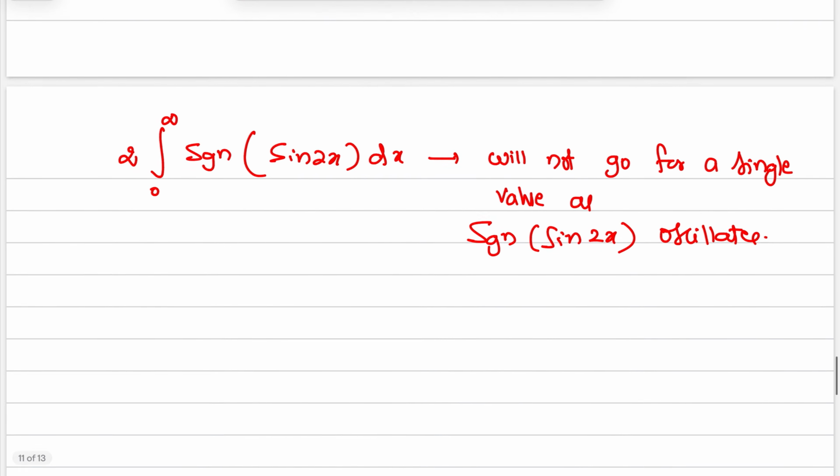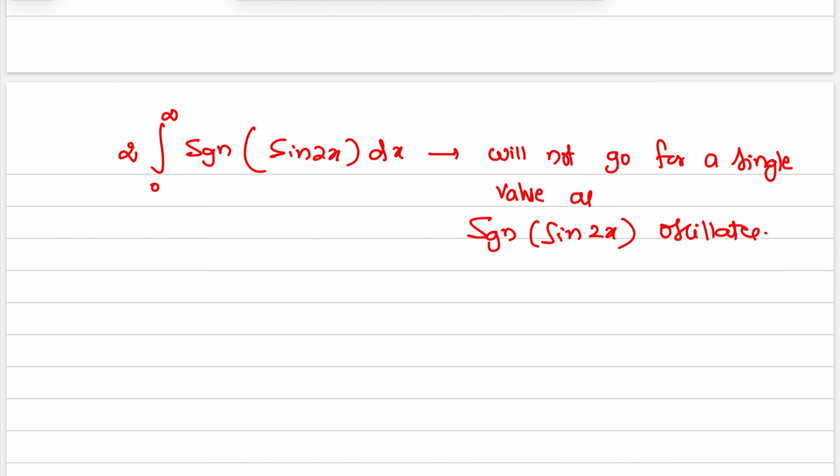Hence, as it is oscillating, definitely the integral of it will be oscillating. This function does not have a single value for the values of x between 0 and infinity.